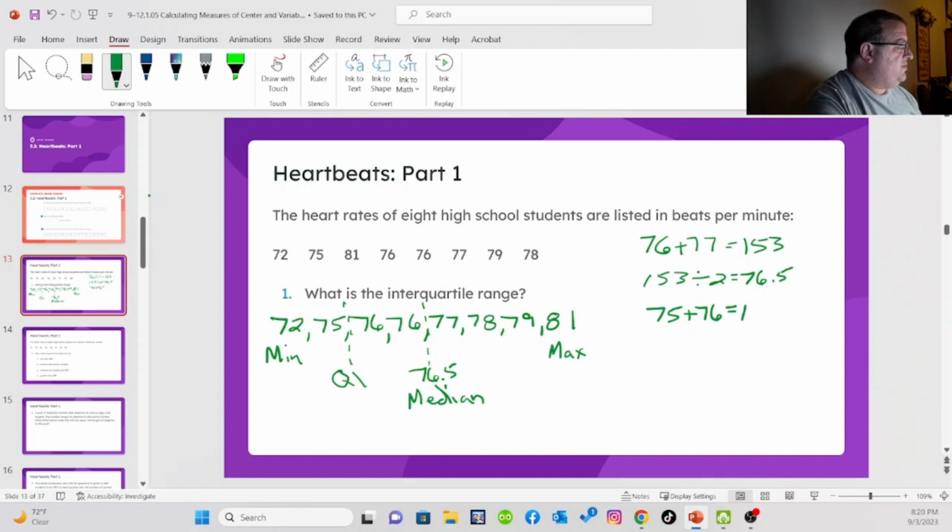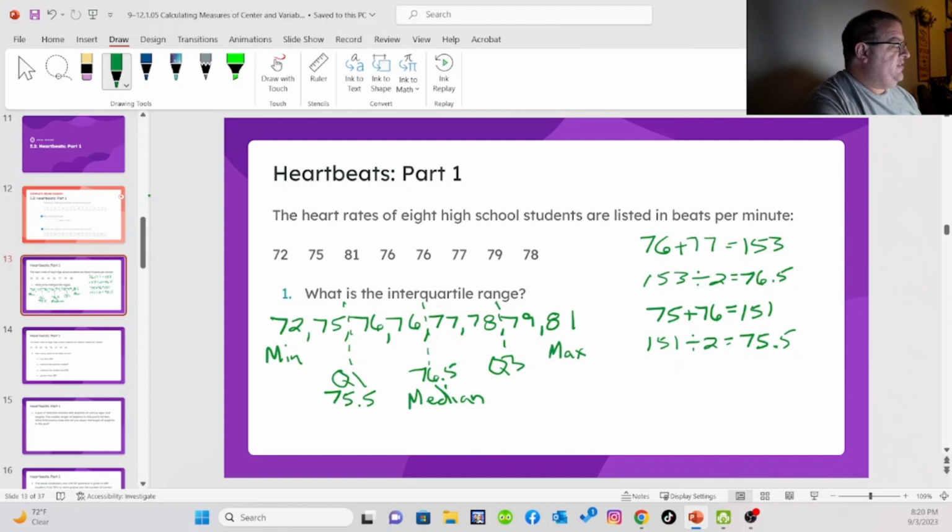That gives us 151. 151 divided by 2 gives us 75.5. So Q1 is 75.5. And to find Q3, we're going to take the top half of the data set and we are going to divide it in half again.